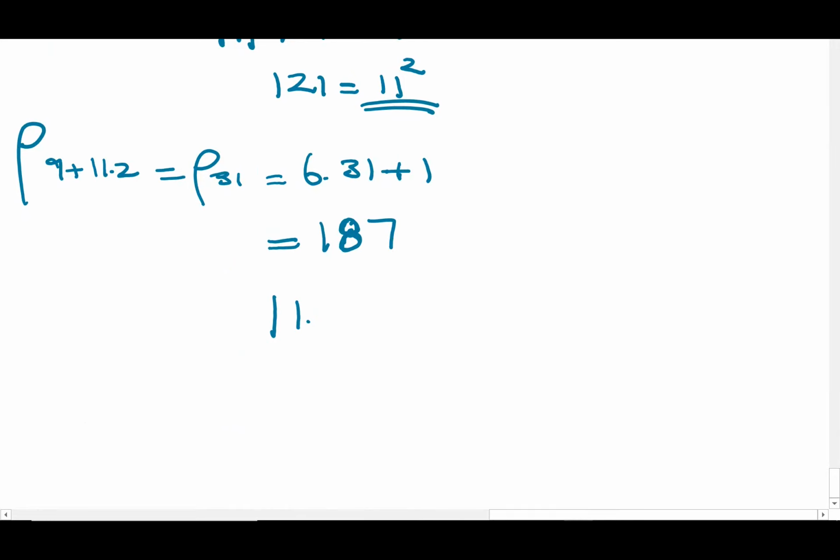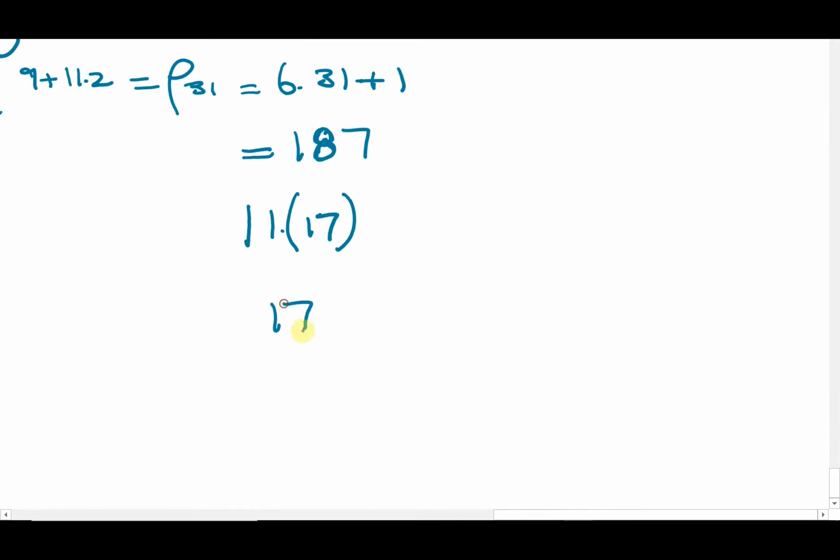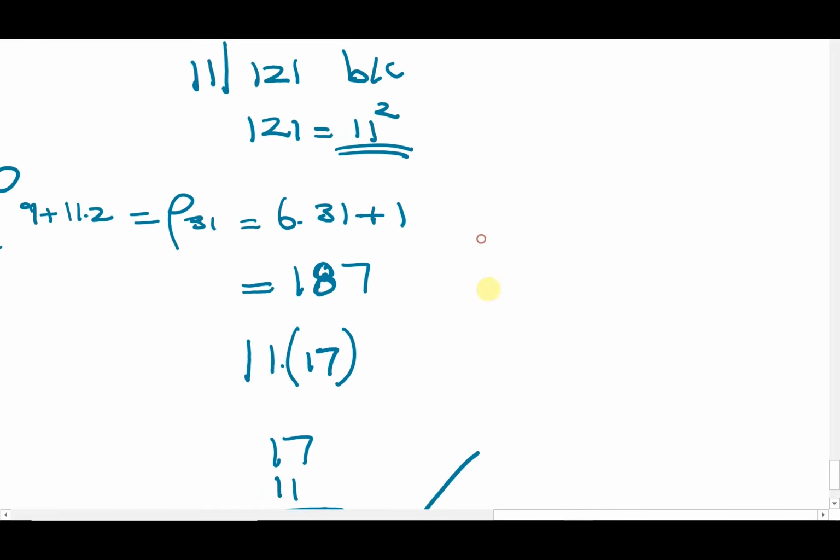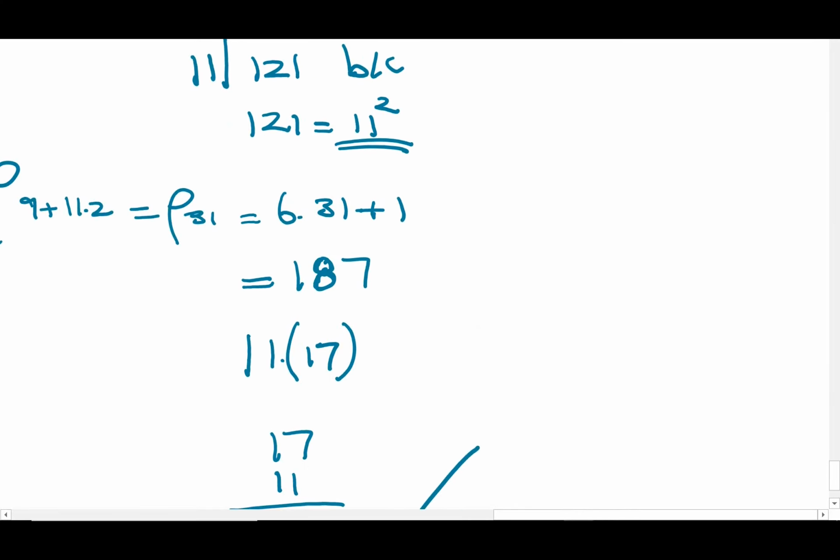So we're using that pattern. Let's try 11 times 17. 17 times 11, we got 7, 1, 0, 7, 1. This is 187. So that holds true. Given that pattern, we notice you just keep adding 6.